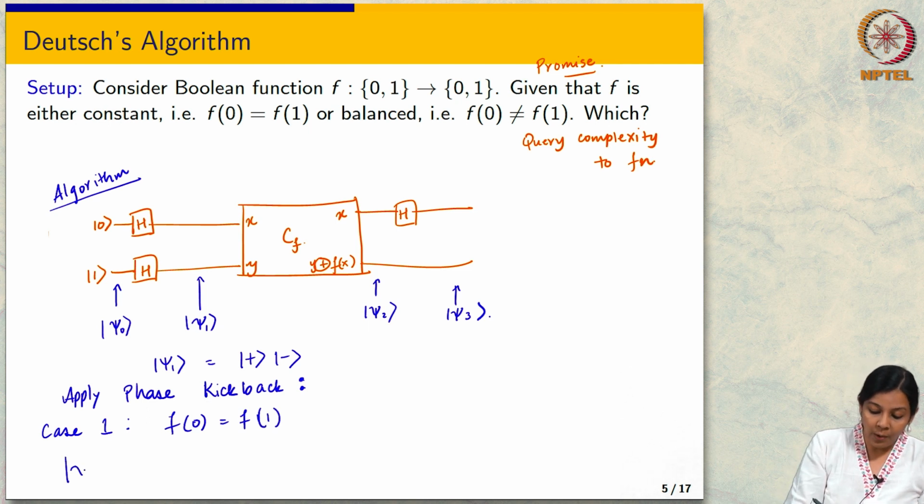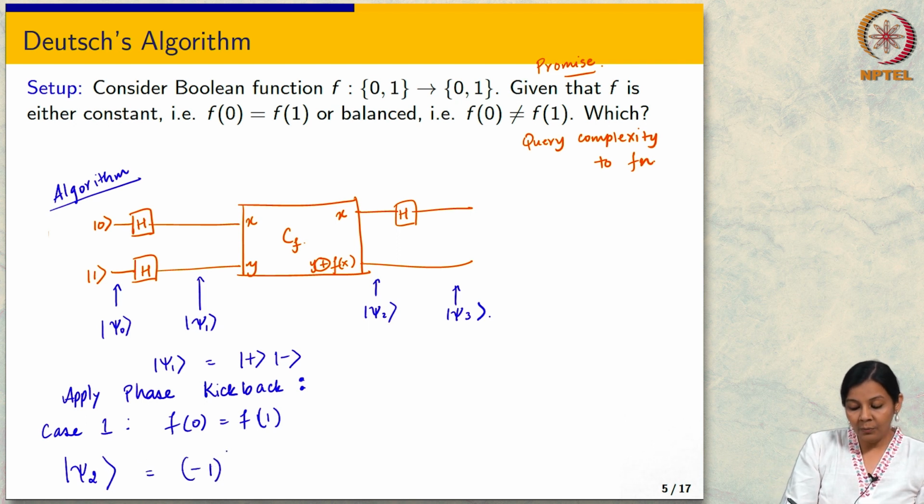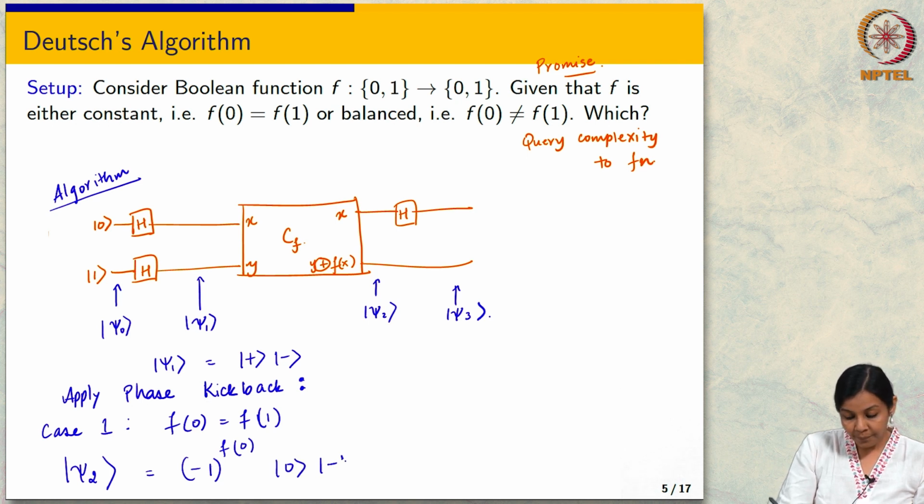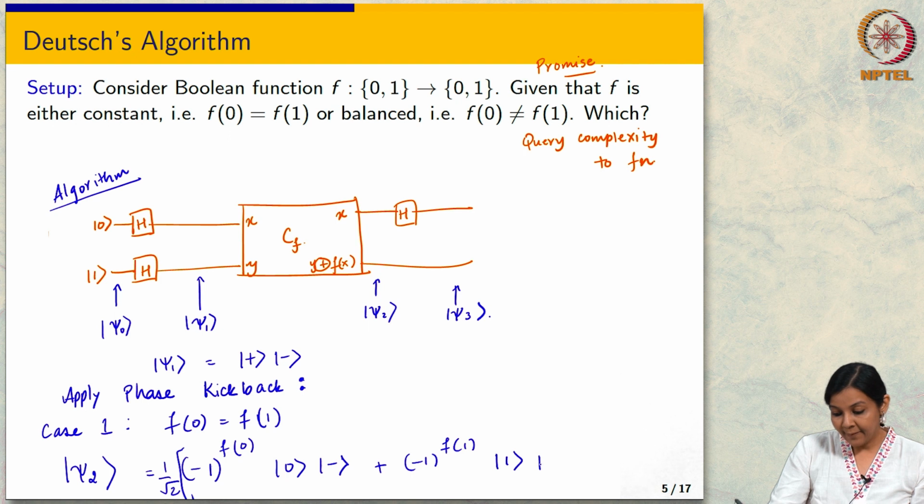So in this case what happens? Let me write down what happens after I apply CF. The phase kickback gives me (-1)^f(0) |0⟩ minus, and there is a 1 over root 2 that will hang around here, plus (-1)^f(1) |1⟩ minus.